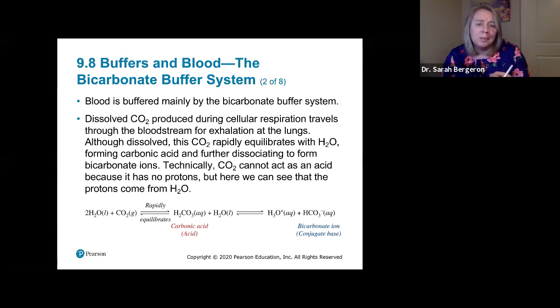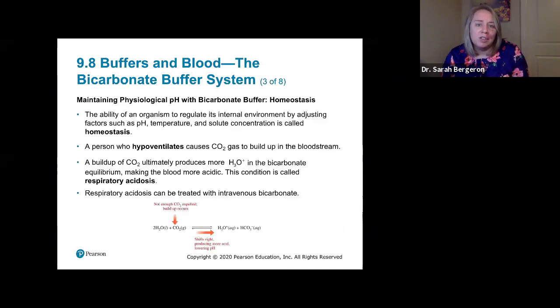And so it's important to understand what's happening inside the bloodstream in terms of what's going to change the pH of our body, right? And we know that we have to maintain homeostasis no matter what, right? You can see this manifesting if somebody starts to hyperventilate. If you hyperventilate, that means you have too much carbon dioxide gas built up in your bloodstream.